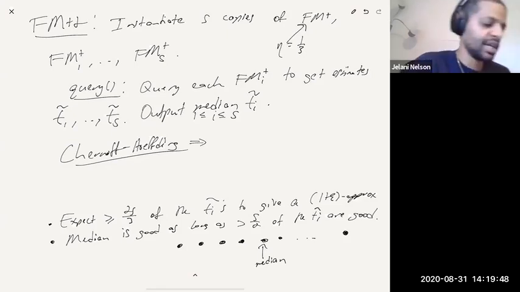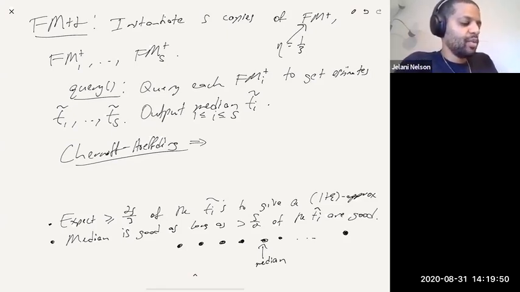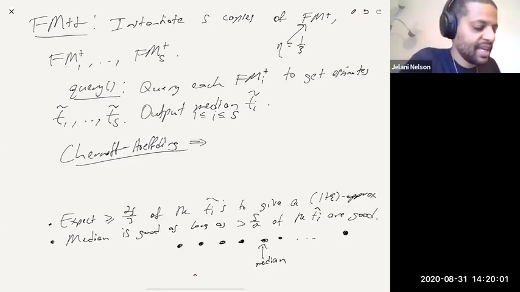So right, the median is good if the estimate it's giving us is between 1 minus epsilon times the answer and 1 plus epsilon times the answer. That's what it means to be good. So what does it mean that it's not good? It means that it's either too small or too big.